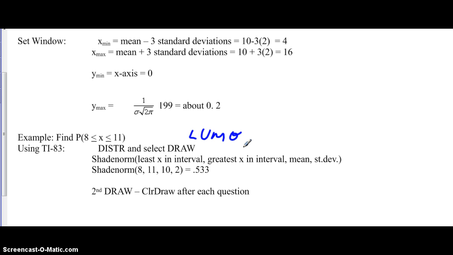So an easy way to remember that is LUMO, and we're going to be putting that in and checking out what it looks like. Make sure you clear your draw after each question.